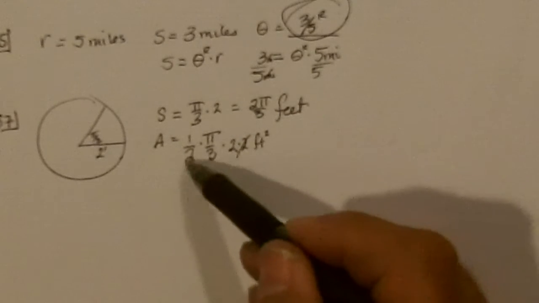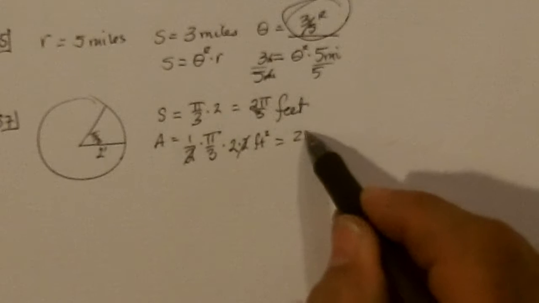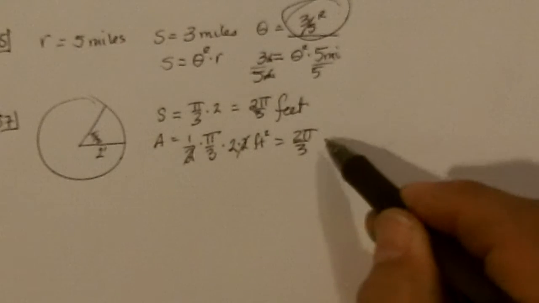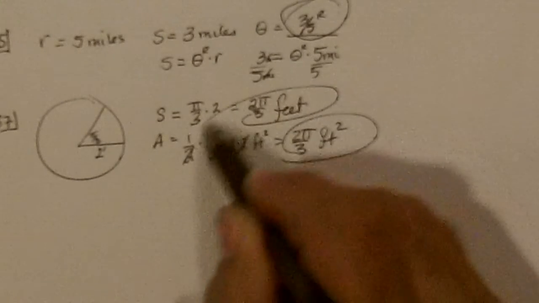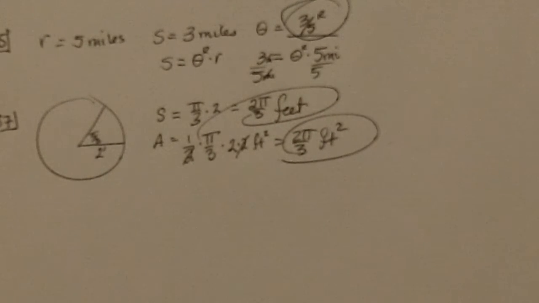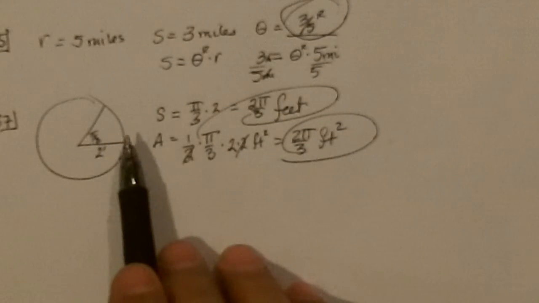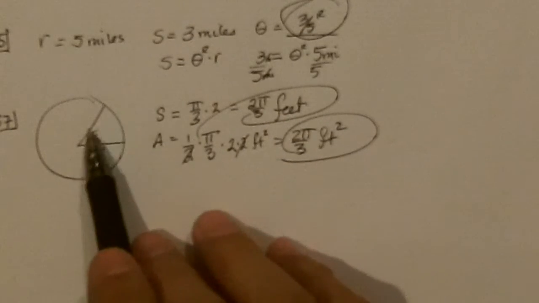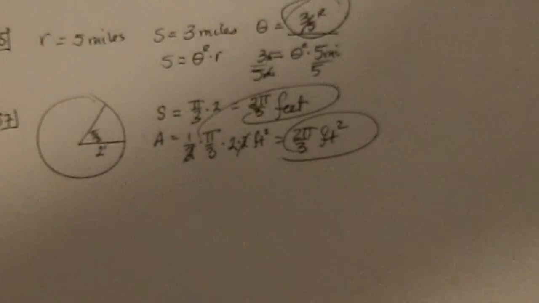So one of these twos cancels the half, and the other one makes it 2 pi over 3 feet squared. Same size, but just happens to be the sector that has the same length of arc number as the number of squares in it. And that's the ones for 6-1.